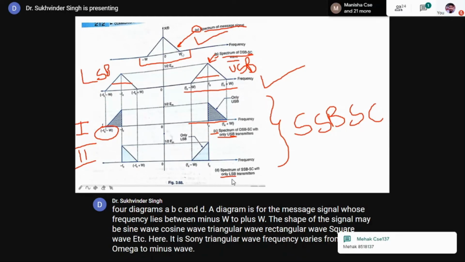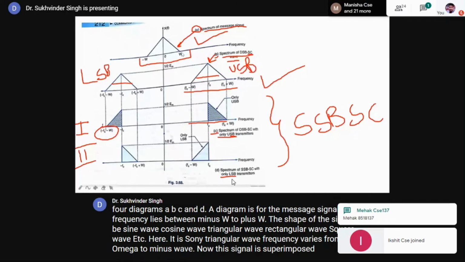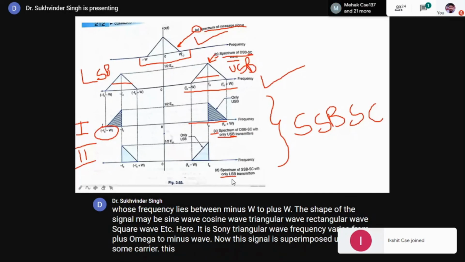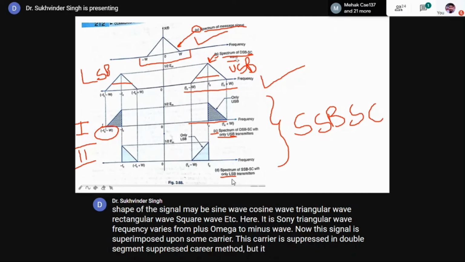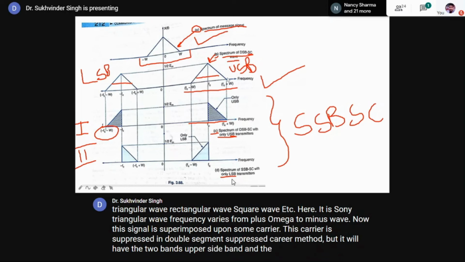Now this signal is superimposed upon some carrier. This carrier is suppressed in the double sideband suppressed carrier method, but it will have the two bands, the upper sideband and the lower sideband.